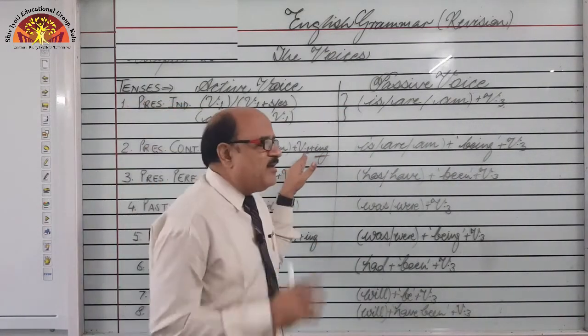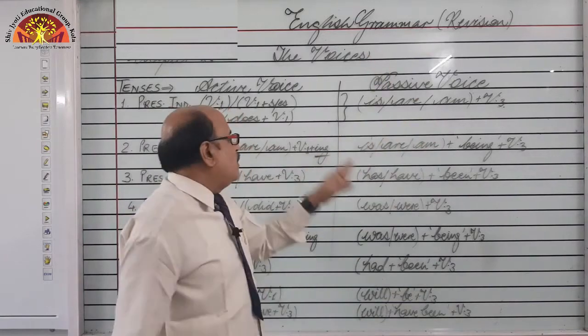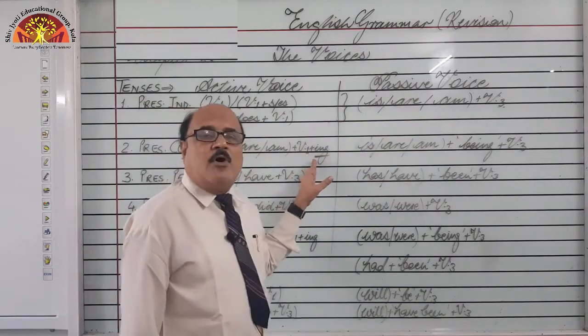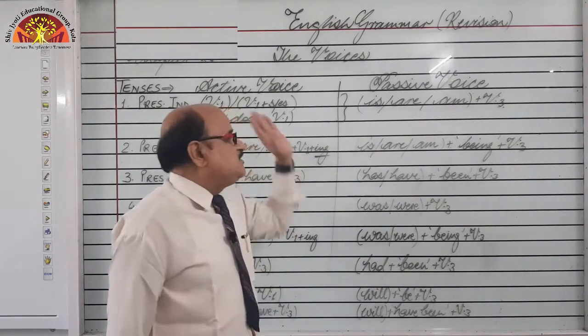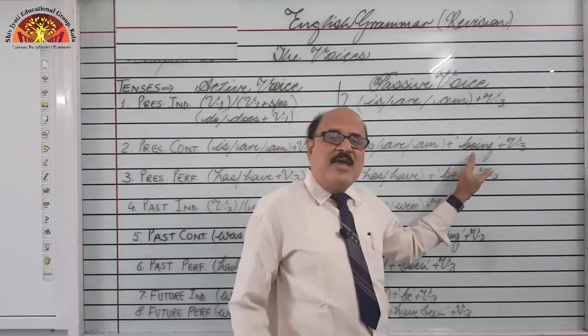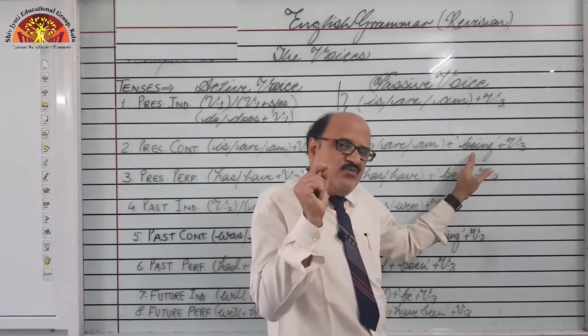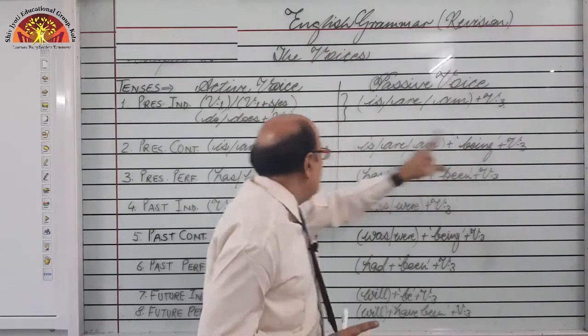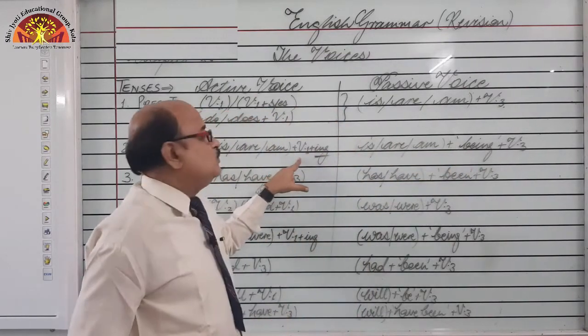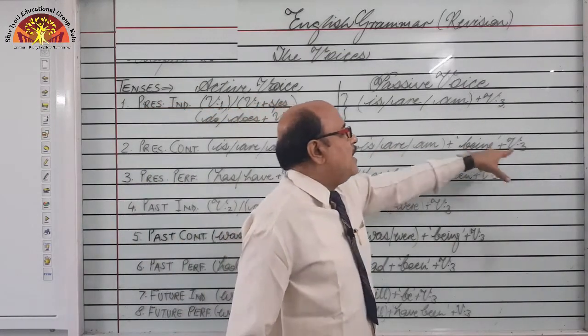First form is very easy to change into third form, but where to use this ing form? To use it, we add a separate word, and that is being. So mind it, being is used only when the ing form has been given to you. So is, are, am, being and third form of the verb.